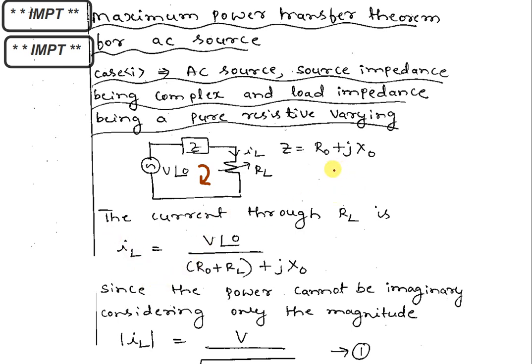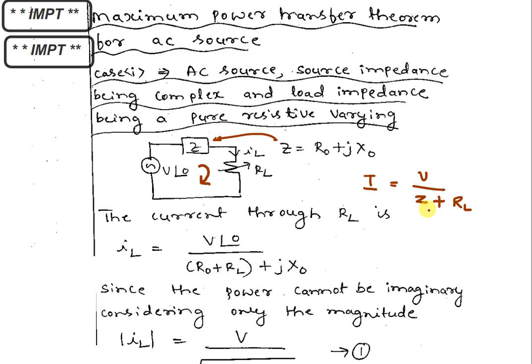I is given by V at an angle 0 divided by Z plus RL, where Z is equal to R naught plus jX naught.